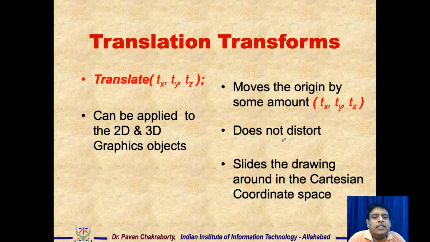So this translation can be applied to a 2D and a 3D graphics object. What does it do? It moves the origin by an amount of tx, ty, and tz. It does not distort the object, it slides the drawing around in the Cartesian space, that is, moves the object without distorting it from one position to the other, which is what is meant by translation.